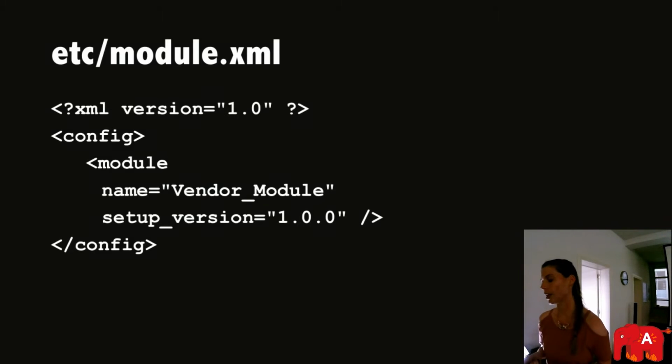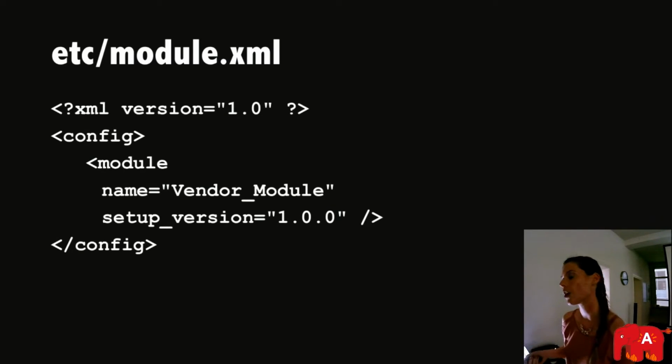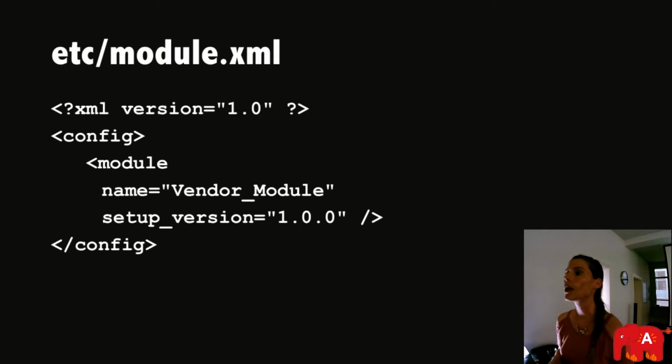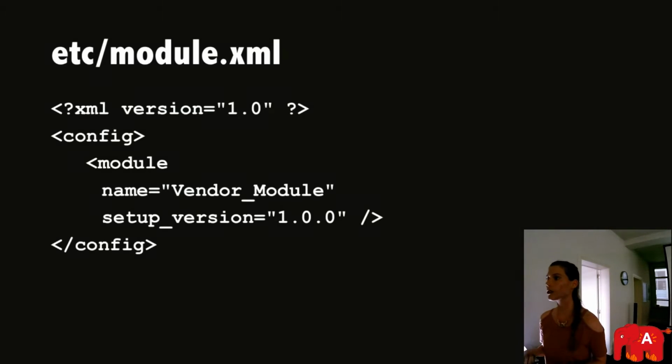In this XML, we register our module. We'll tell Magento what its name is. You always name your module with vendor name underscore your module name. And next, you'll tell Magento what the current version is of your module. If your module depends on any other modules, you can specify that here too.